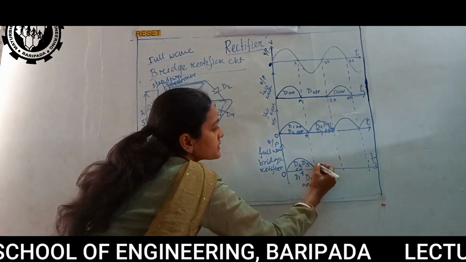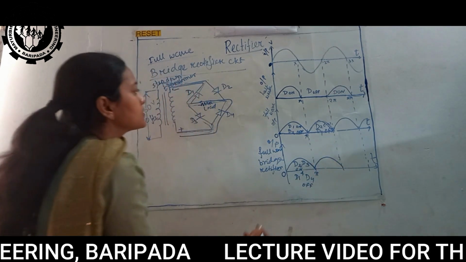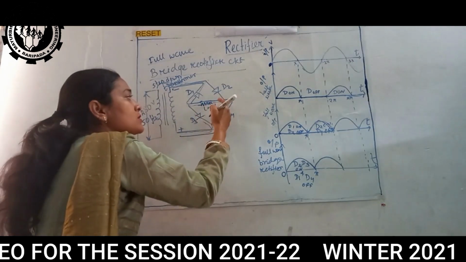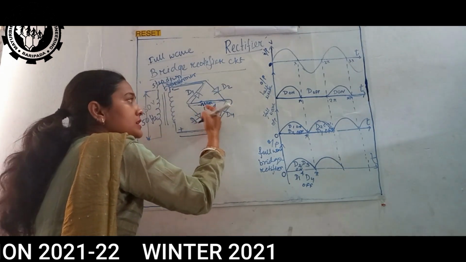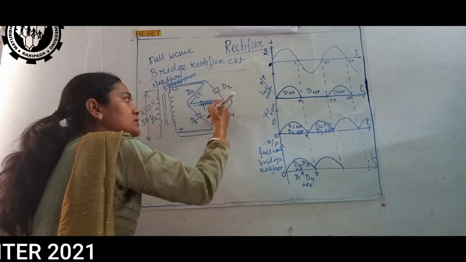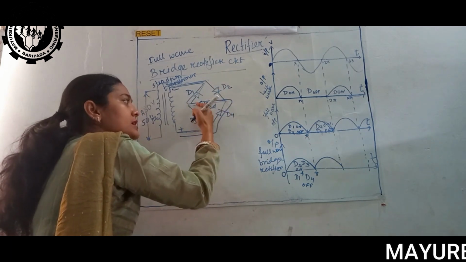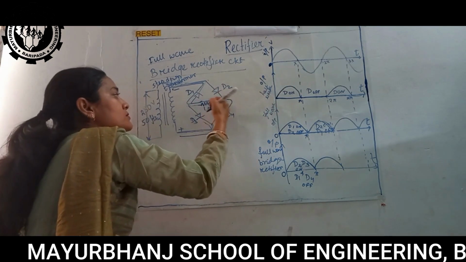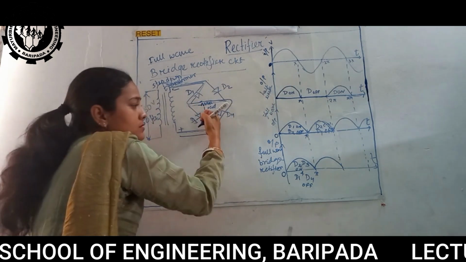So we are getting output in the same direction, because the load has the same direction. In the first part we go through this direction, and in the reverse half cycle we also get that same direction through this load.